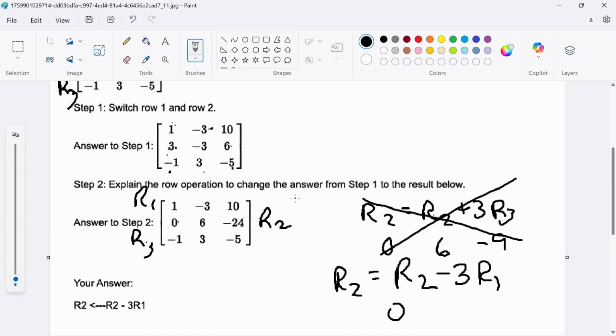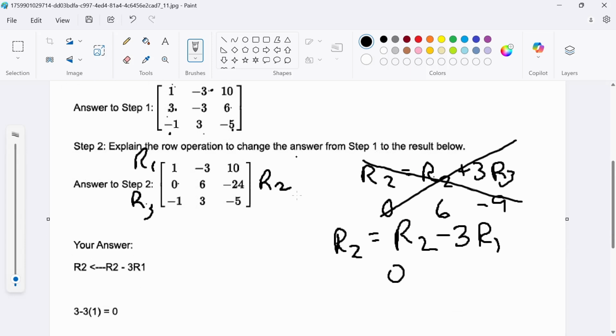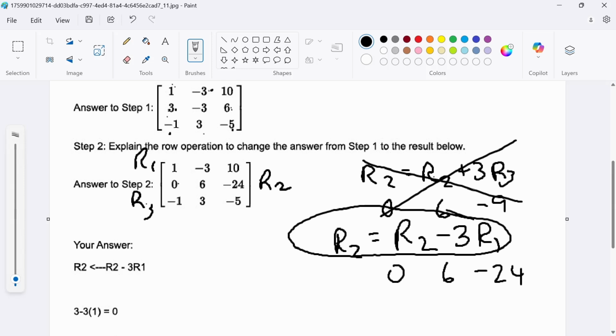Negative 3 times negative 3 is 9, and negative 3 plus 9 is 6. And then this last one, 6 plus negative 3 times 10 is negative 30. 6 plus negative 30 is negative 24. So this is what is actually done. Row 2 equals row 2 minus 3 row 1. That's the answer I put.